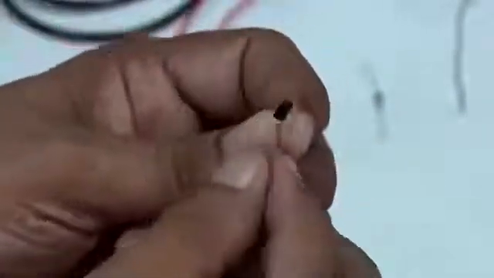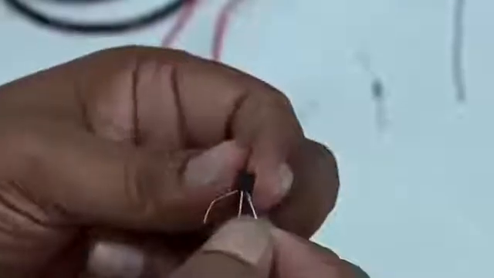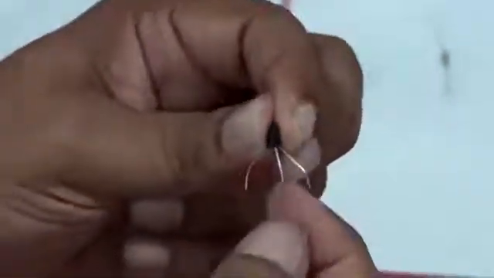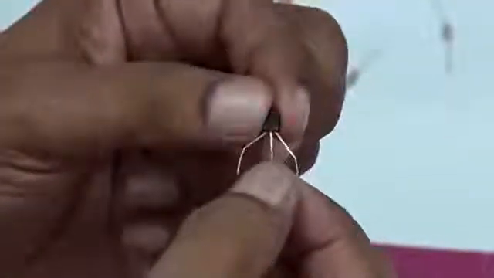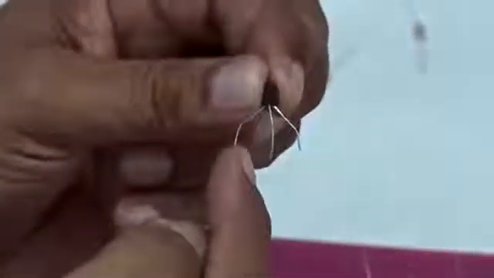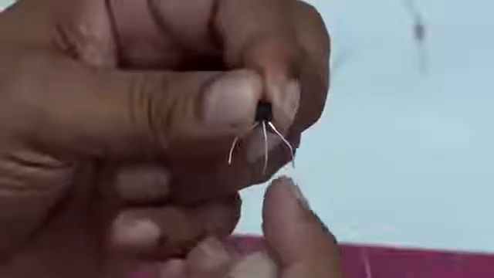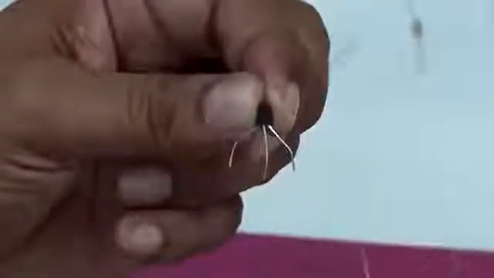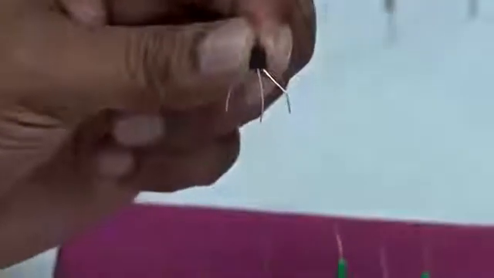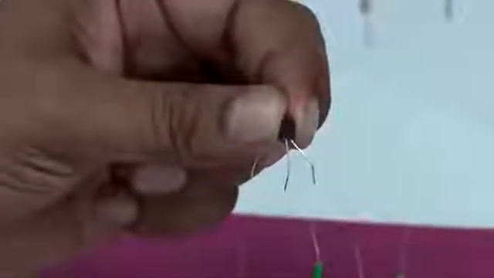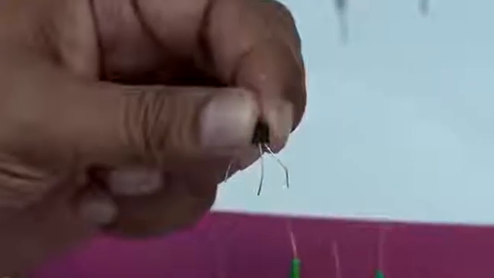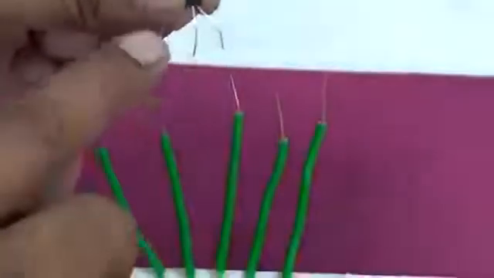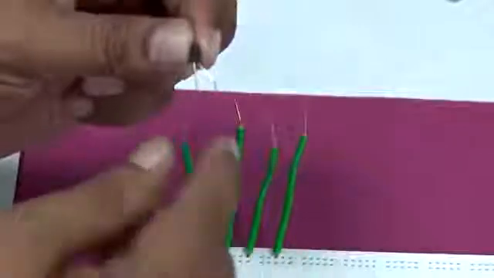So, keep the flat part towards yourself. Then what is on the left is collector, what is on the right is emitter, and what is in the middle is base. So, this is collector on the left and this emitter on the right, and this is base. So, we will be connecting this transistor into the breadboard in 3 different lines. They do not have to be connected to each other. So, they will be connected in 3 different lines.